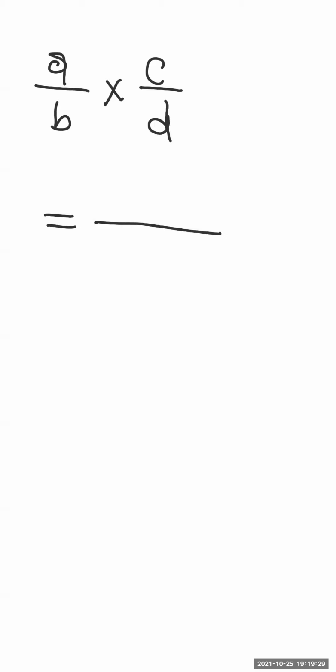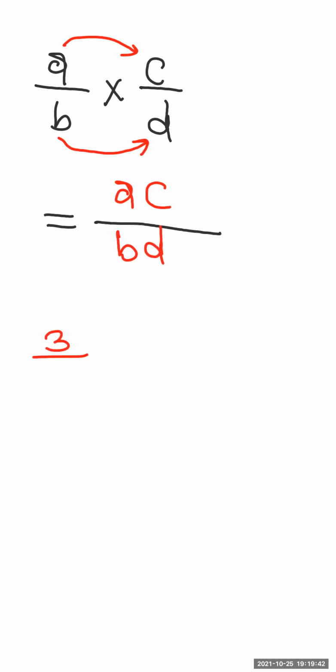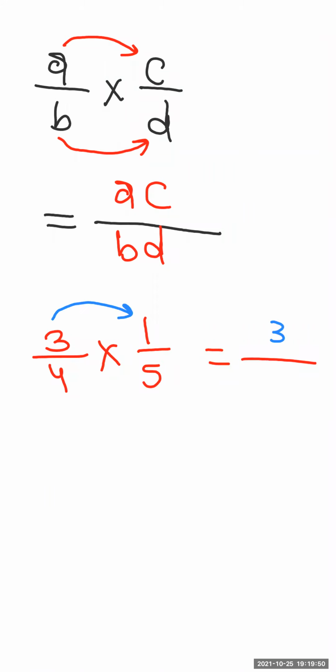Simply, guys, in multiplication, we just multiply the two numerators to get the new numerator, and the two denominators to get the new denominator. A numerical example: 3/4 times 1/5. As we said, 3 times 1 is 3, 4 times 5 is 20. Is it in the simplest form? Yes. So finished.